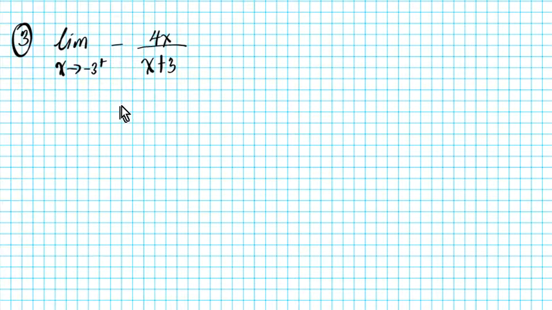So since this is a finite limit, we're going to substitute first and see what happens. So we substitute this negative; we can associate it with the numerator or denominator. Let's put it on the top.